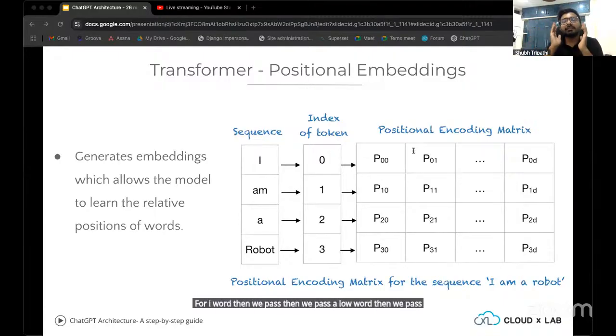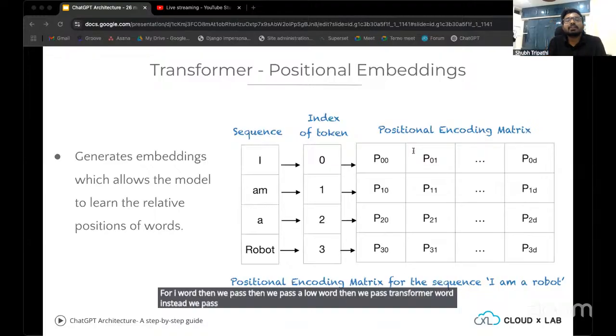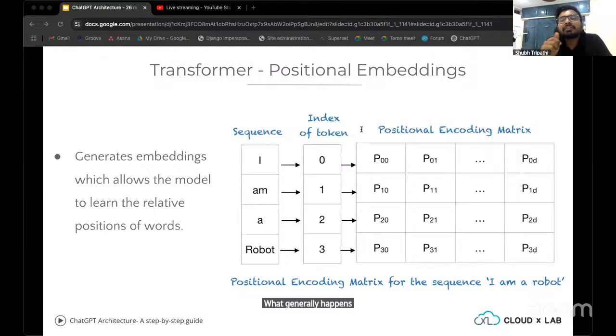Instead, we pass the whole sequence at once. A transformer generally parallelizes everything, and during parallelization the position of the words is lost. The information about the position is lost.